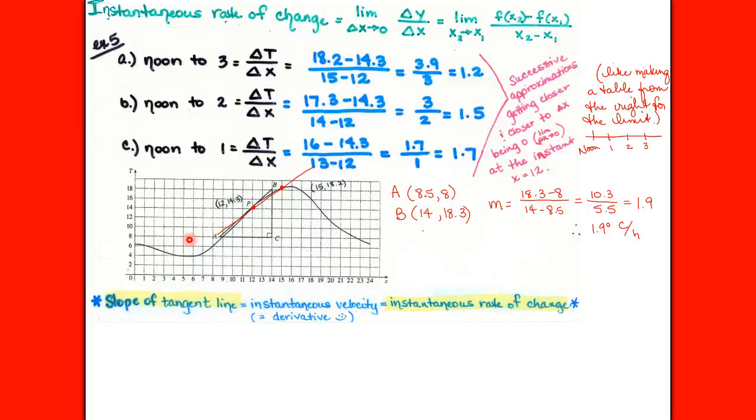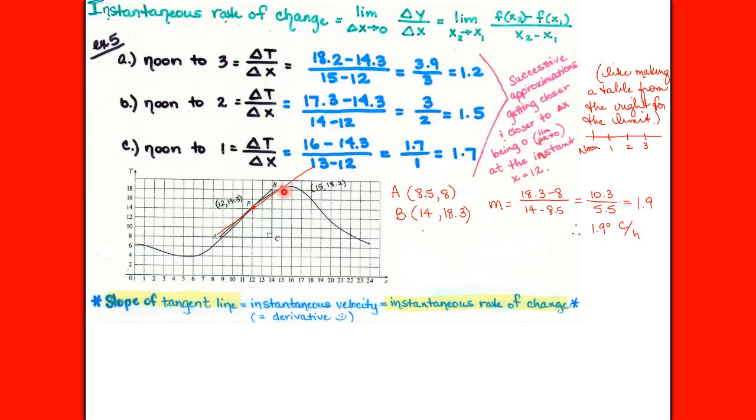We found that slope 1.2, that would be the slope of that secant line right there, and you can see that gives me a good way of approximating the slope of my tangent line. But as we saw yesterday, the closer those 2 points get together, the better the approximation is.